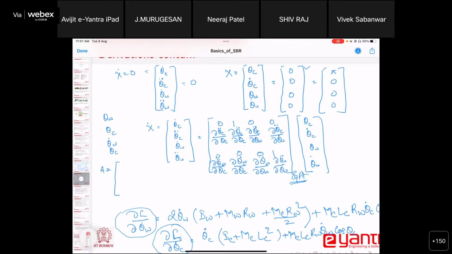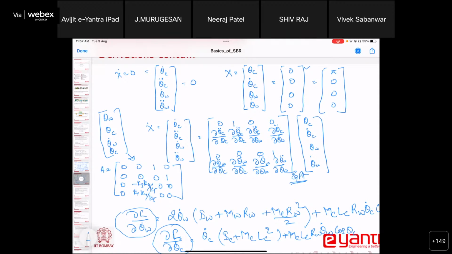If these are my states, my A matrix will come out to be 0 0 1 0, 0 0 0 1, 0 minus k3 k4 divided by k5 0 0, 0 k1 k4 by k5 0 0. This is my A matrix corresponding to this order of the states.